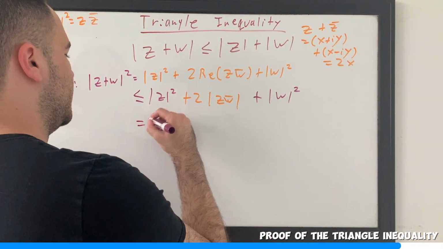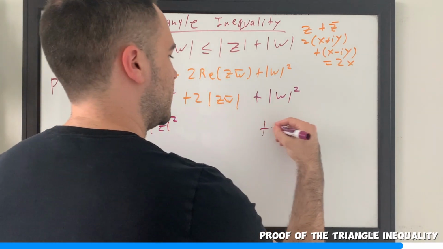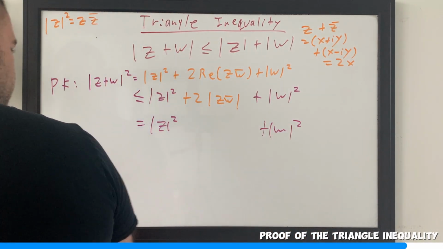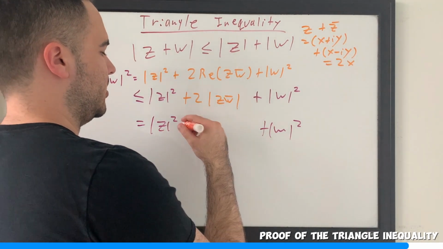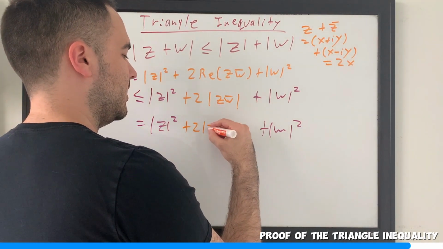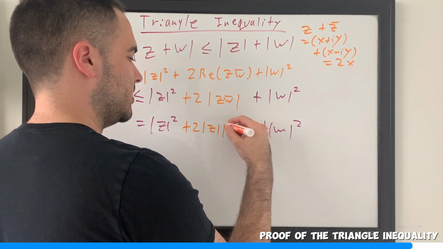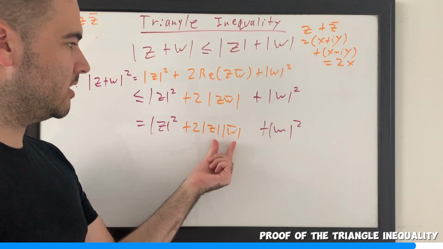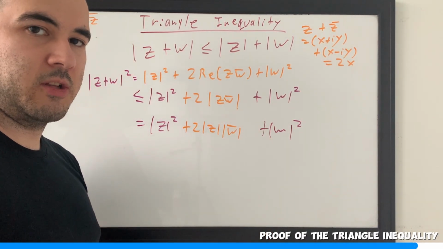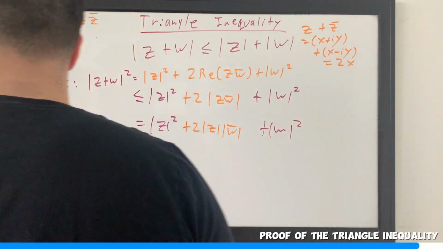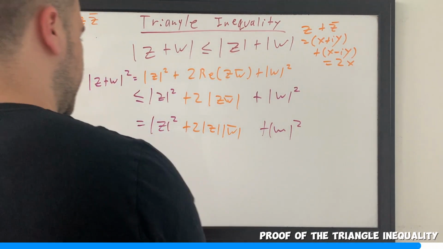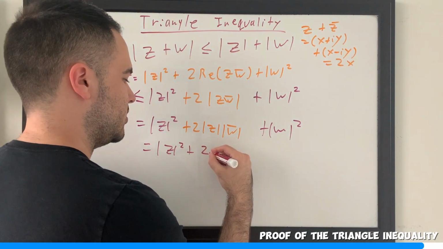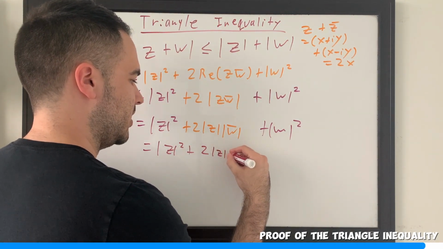Our second one is going to be that, copying everything else down, the modulus of two complex numbers multiplied by each other is the same as taking the modulus of each and multiplying them by each other. So, finally, the modulus of z squared plus 2 times the modulus of z times the modulus of the conjugate of w, plus the modulus of w squared.